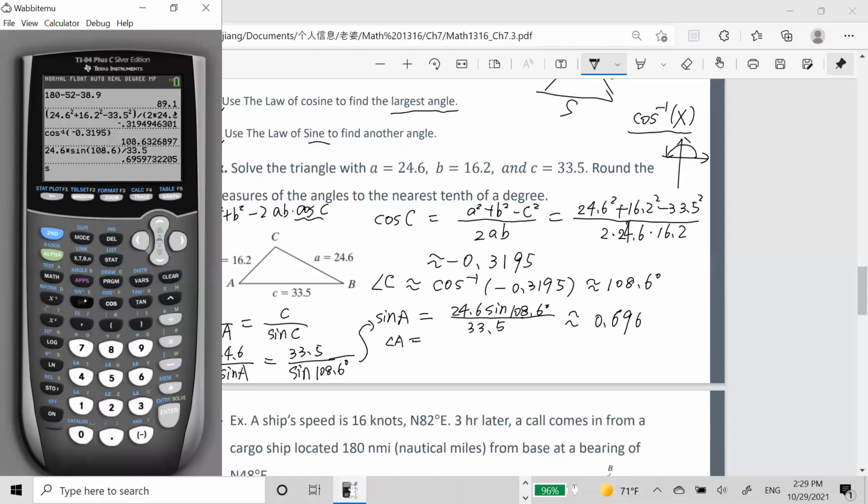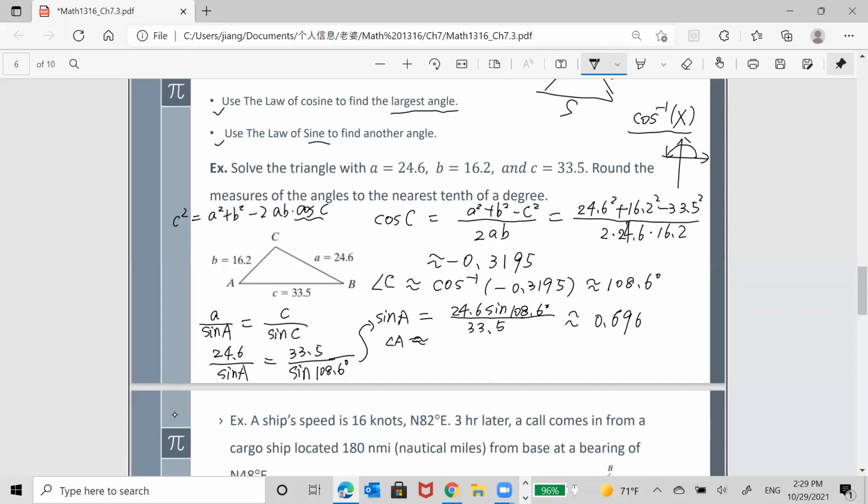Second sine 0.696, close the parentheses. That's 44.1. So angle A is about 44.1 degrees.